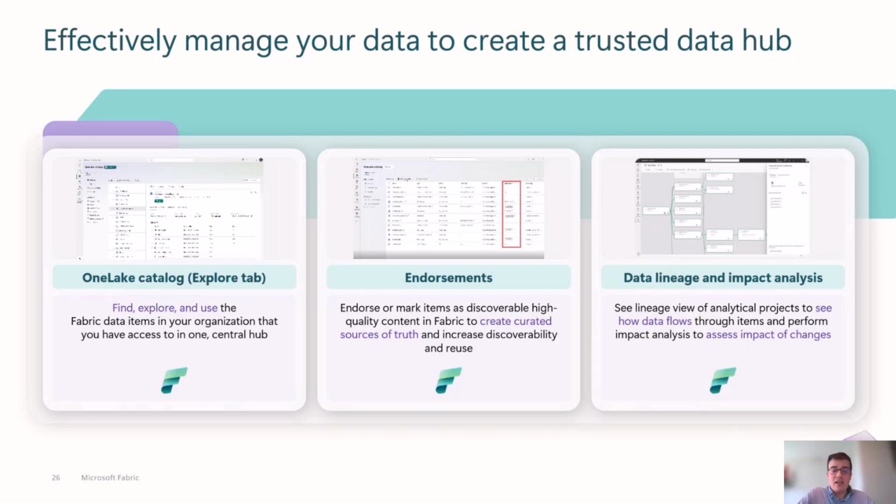Data lineage and impact analysis is, in my opinion, a very helpful feature of Fabric that allows you to see how changes propagate throughout your different Fabric items. What item depends on what other items upstream, right?